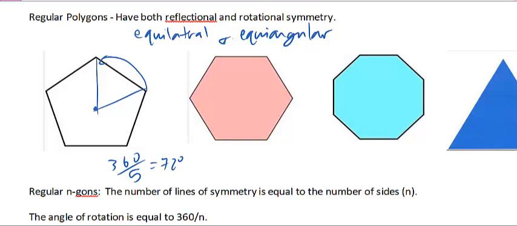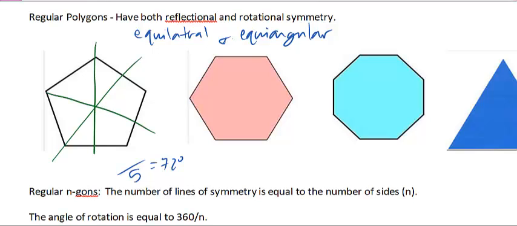It has that rotational symmetry, but it also has reflectional symmetry, right? I could draw a line straight down, basically a line from any vertex through the midpoint of the opposite side, and it's going to give me some reflectional symmetry.